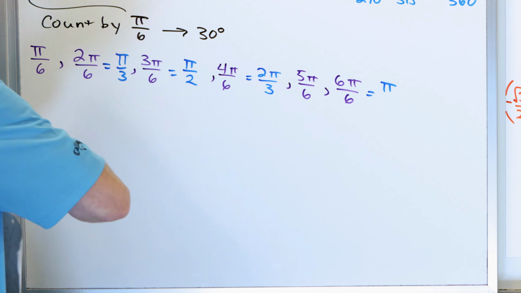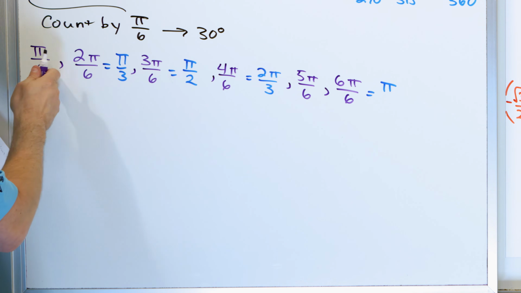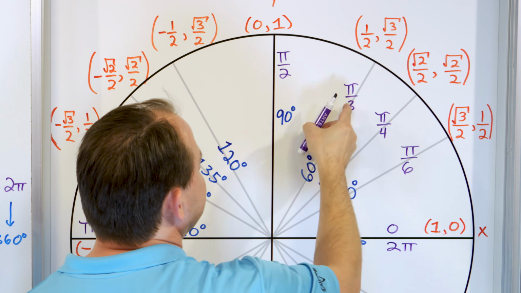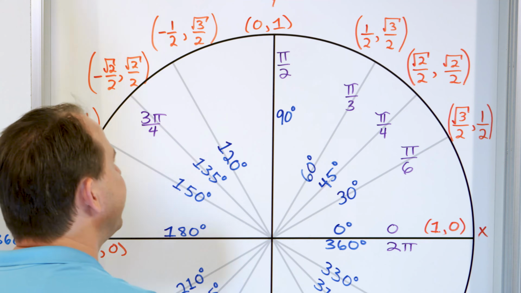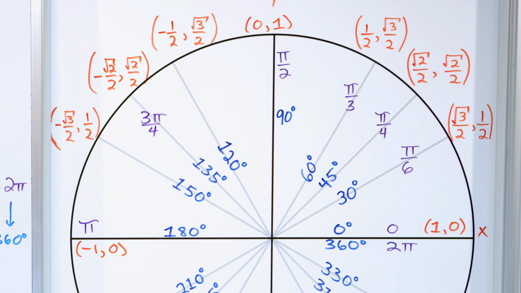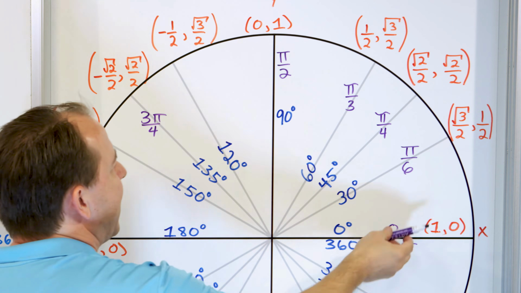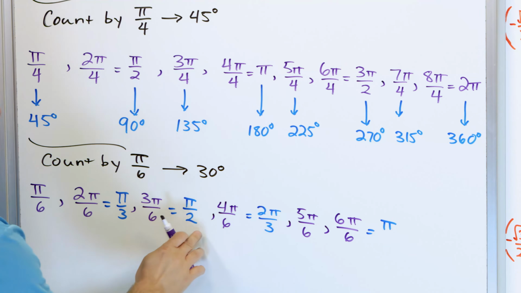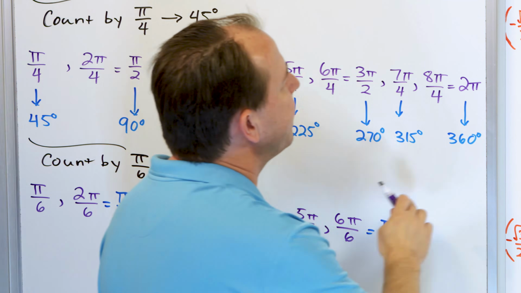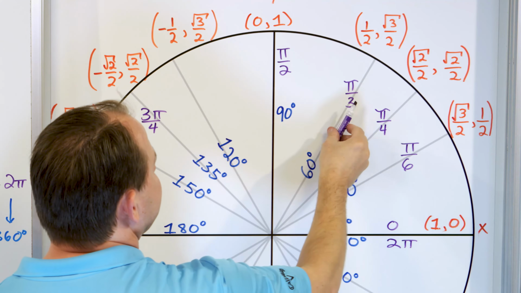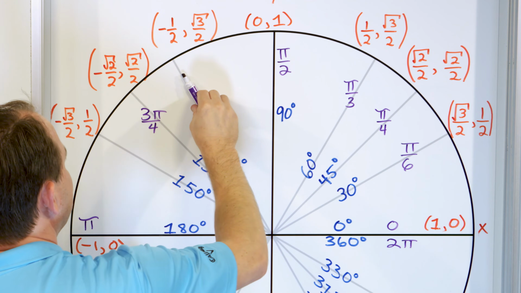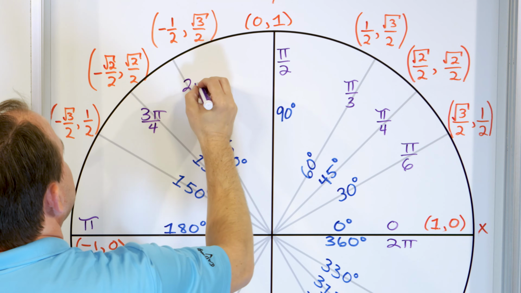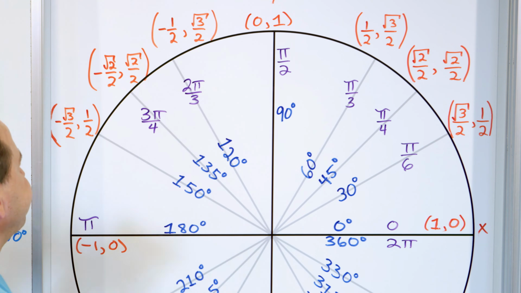So what we have is pi over 6, then 2 pi over 6, which is pi over 3. That's what we already know from before. Then we have 3 pi over 6, which gives us pi over 2. We don't have to write anything new. 4 pi over 6 reduces to 2 pi over 3.